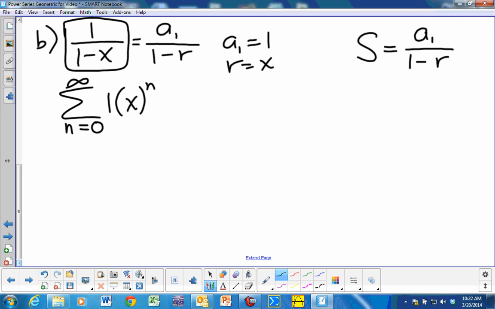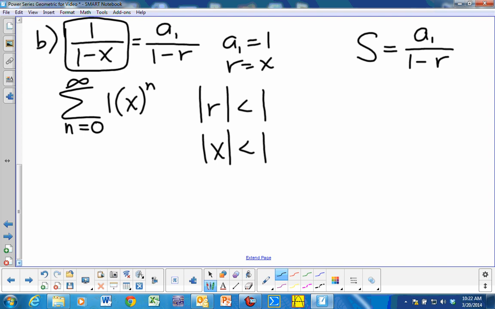But remember, a geometric series doesn't always converge. So we have to figure out when it converges. That's pretty simple because we have a rule for that. The rule says it converges when the absolute value of r is less than 1. In this problem, r is x. So this will converge whenever our x, which remember is a different number but kind of a constant, just a number that's plugged in, and then n is what changes.